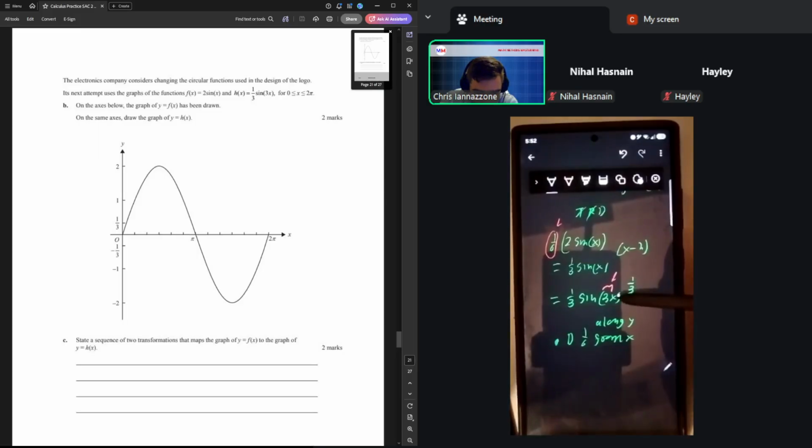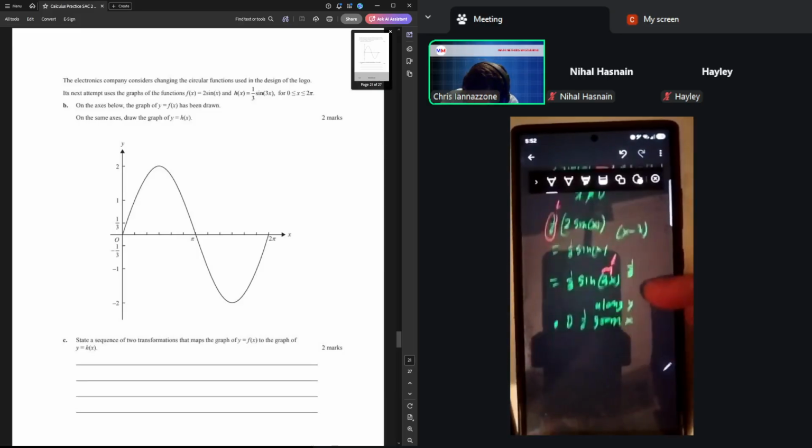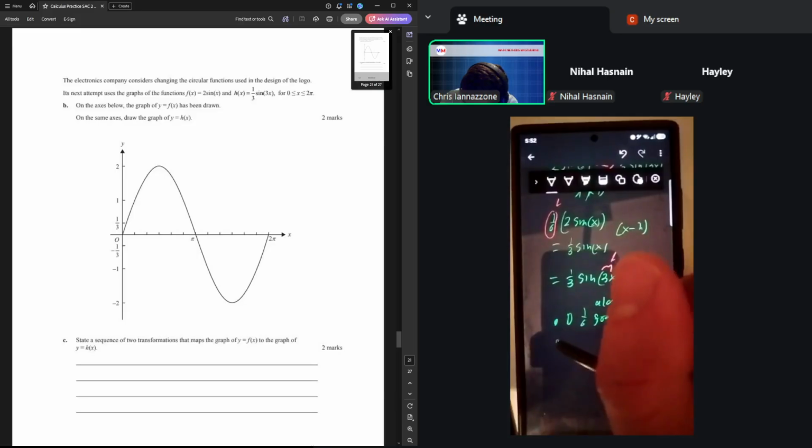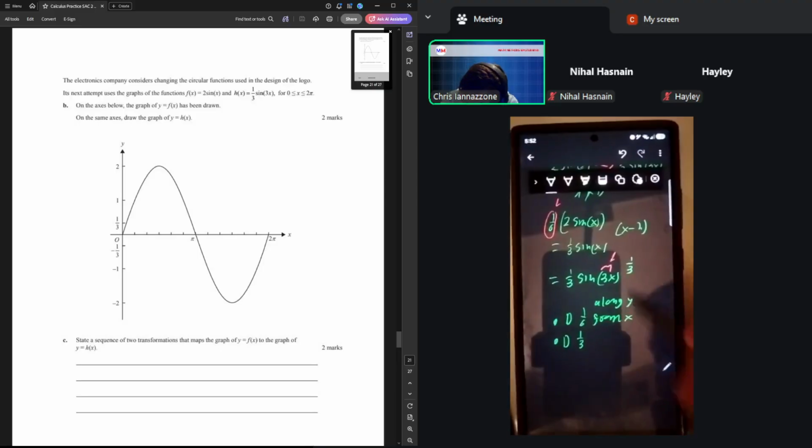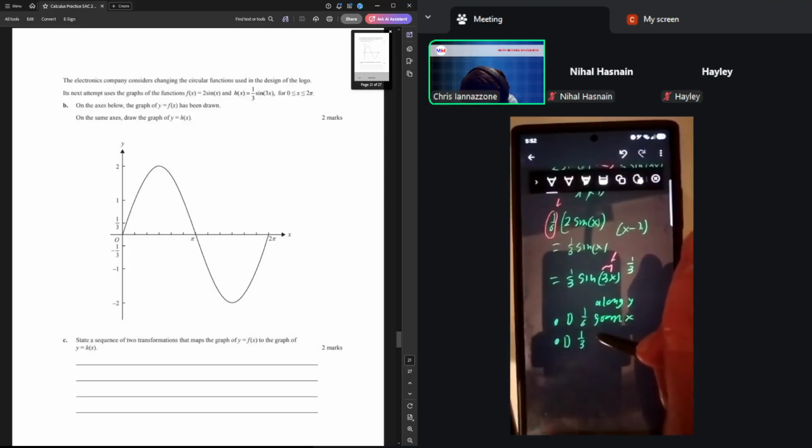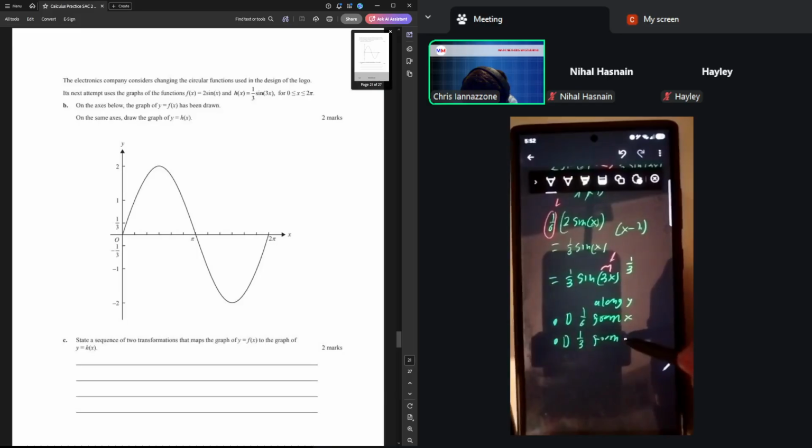So this is actually a dilate factor of a third from the y rather than 3. The reason for that will become a bit more obvious when we pull up the transformation doc. So from y.